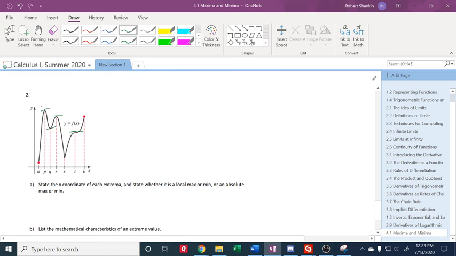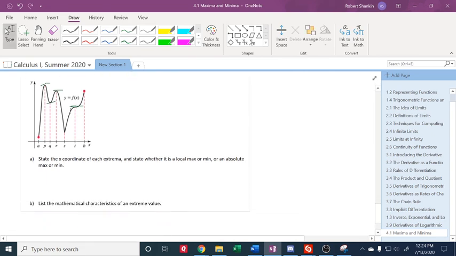But, oh, that's very significant, is that a mathematical characteristic of extreme values is they tend to occur, not always, when the derivative f prime of x is 0.